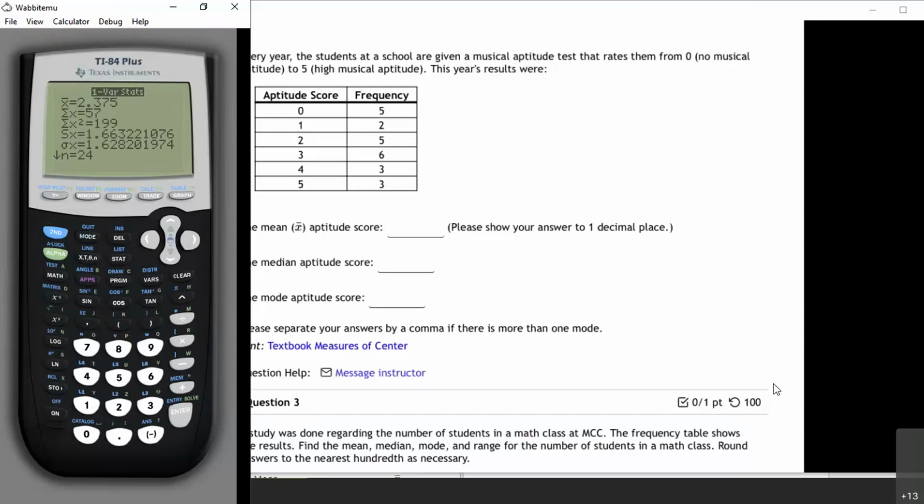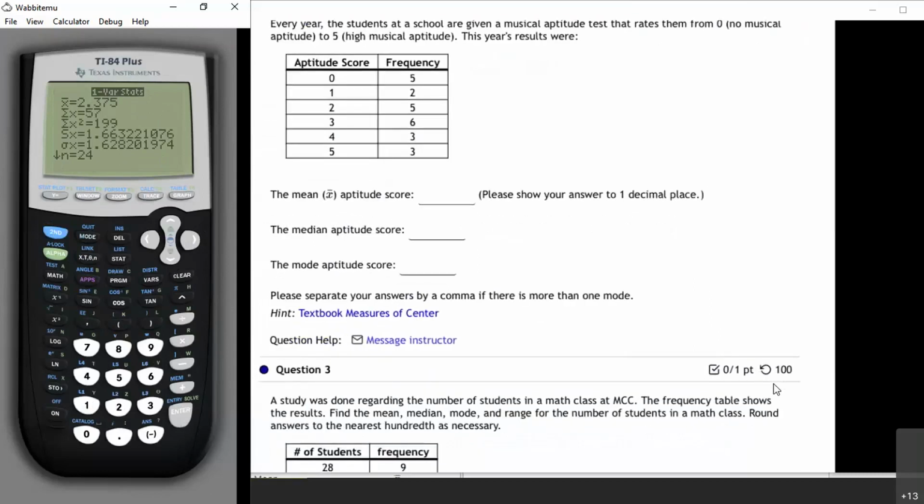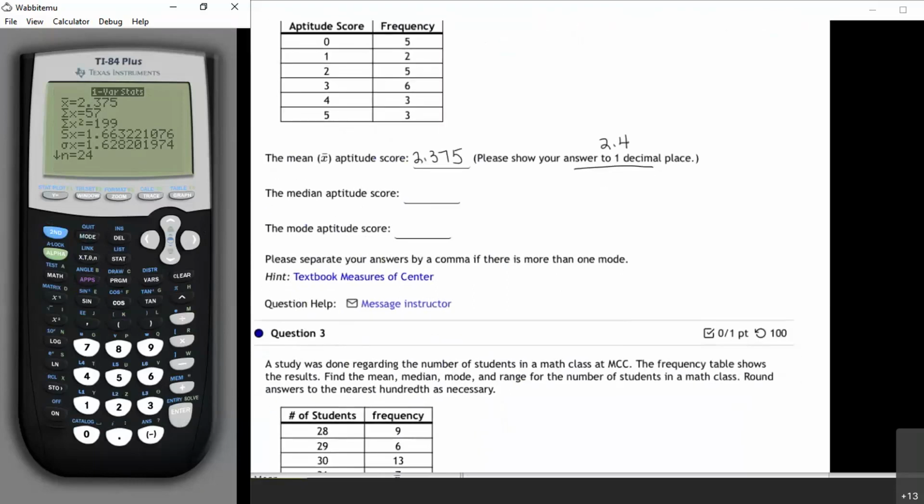This gives me a mean aptitude score of 2.375, my bad. If you wanted this to 1 decimal place, that would be 2.4. The median, again I have to scroll down, is 2.5.